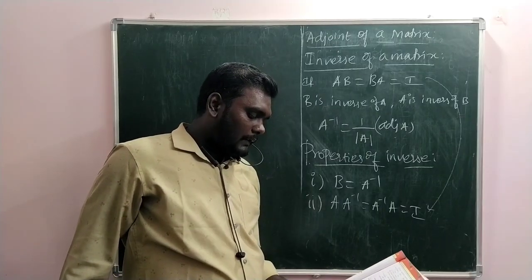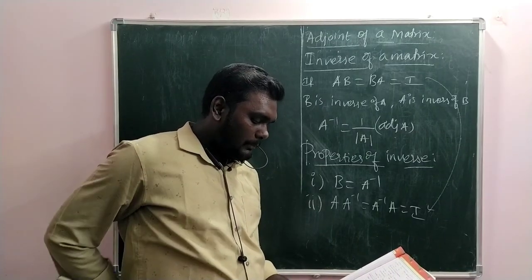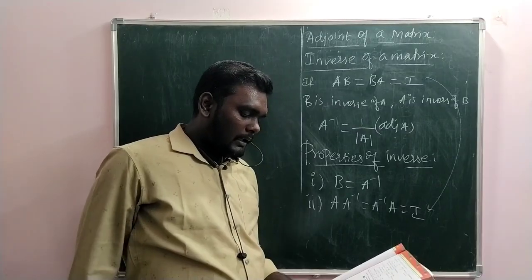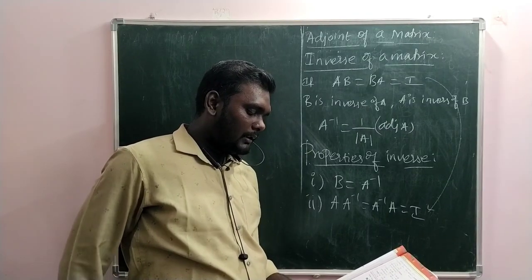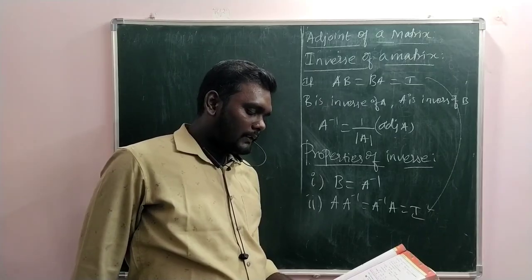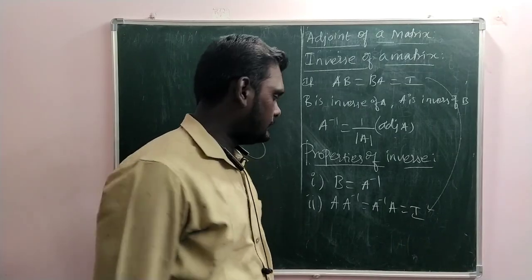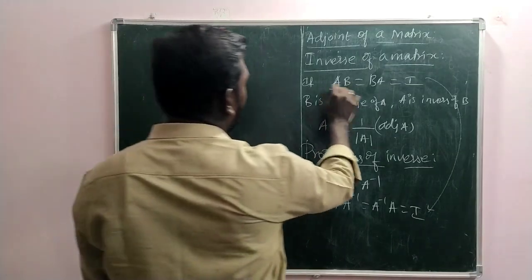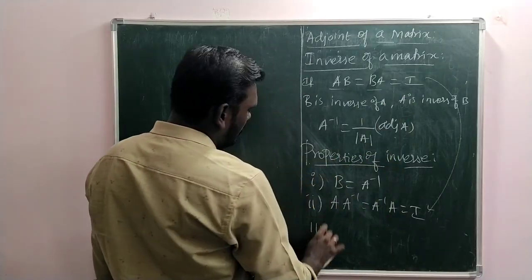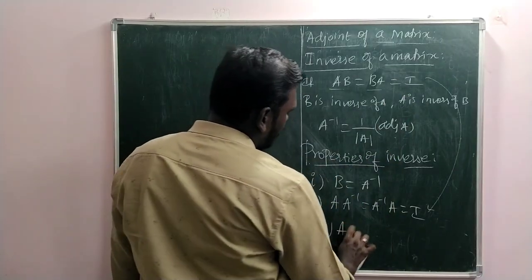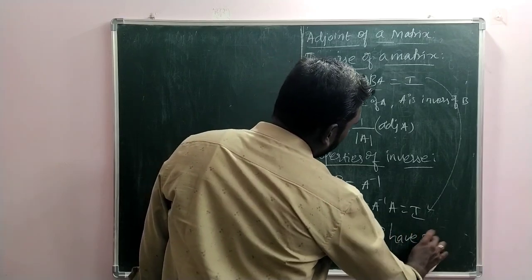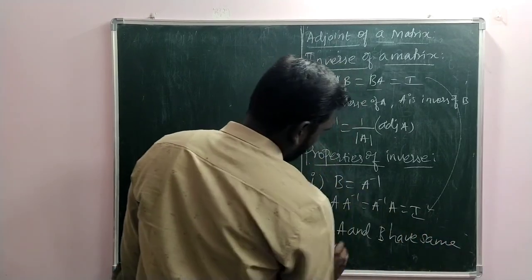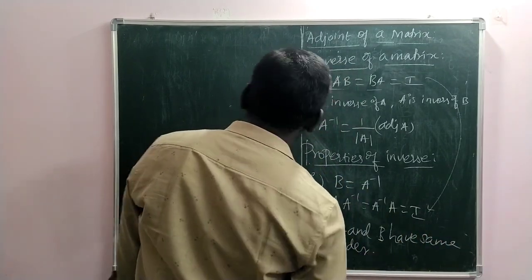And then for the products AB and BA to be both defined and equal, it is necessary that A and B are square matrices of the same order. Thus, non-square matrices cannot possess inverses. Okay. See, we said AB is equal to BA, right? So here A and B must have the same order. That is one point.